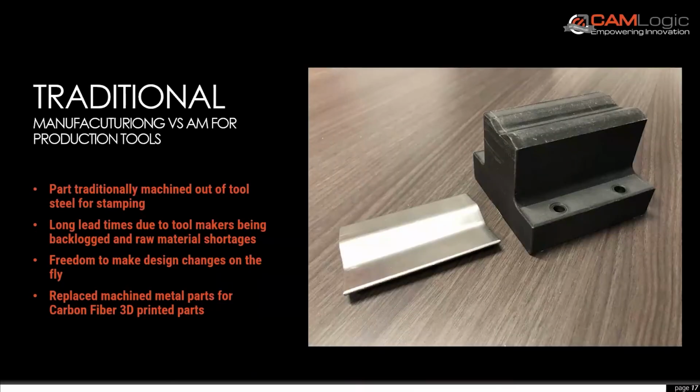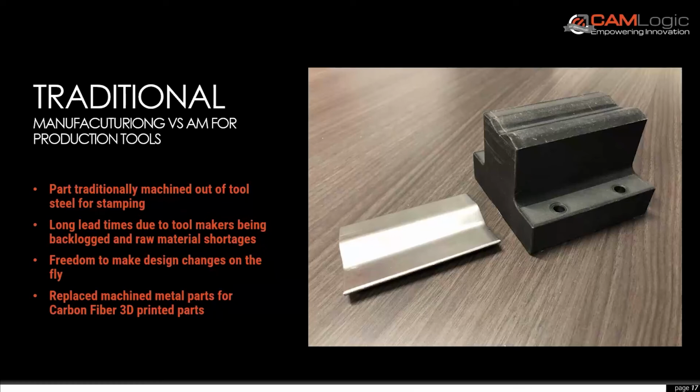So, back to these stamping parts. Again, these were traditionally machined out of tool steel, with long lead times, and the design changes, and there's a lot that comes into making tools like this. When you're thinking of stamping applications, you've got to worry about spring back of the material.